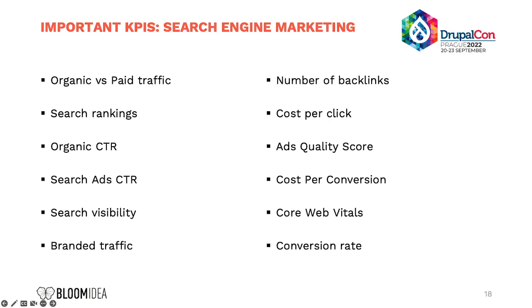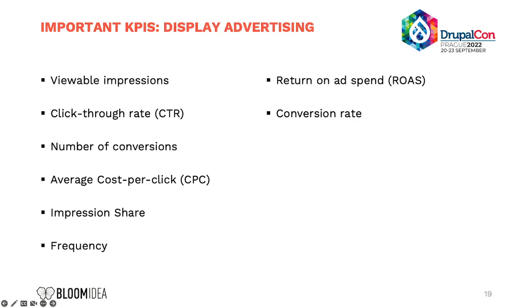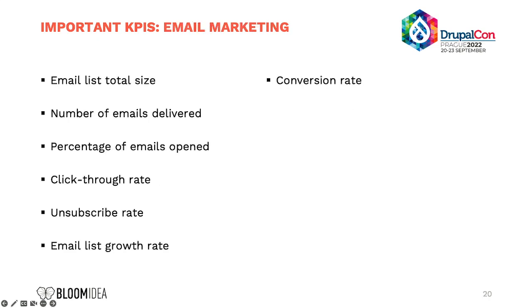Then we have display advertising. Display advertising is simply the banners you see on websites. It was the first form of publicity that went to the web. Then you have the KPIs for email marketing.